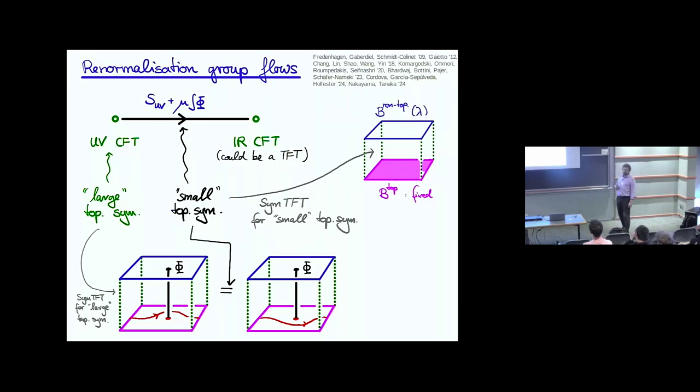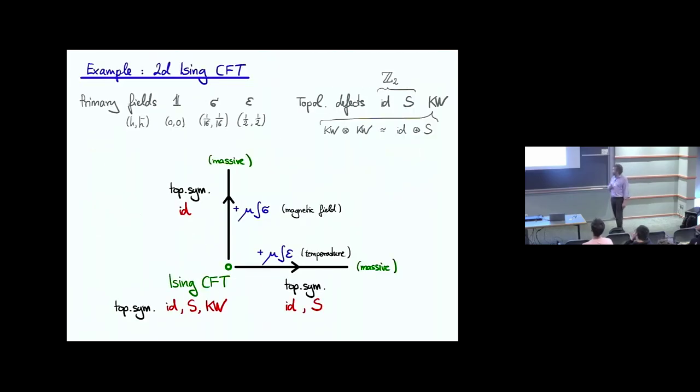Okay, so let's again look at our Ising example to see what that looks like there. So okay, that's from the previous slide, what the field content and the topological defects were. So we have two relevant perturbations, sigma and epsilon. Epsilon generates the temperature perturbation, so that pushes the conformal field theory of the critical point, and it flows to some massive theory.